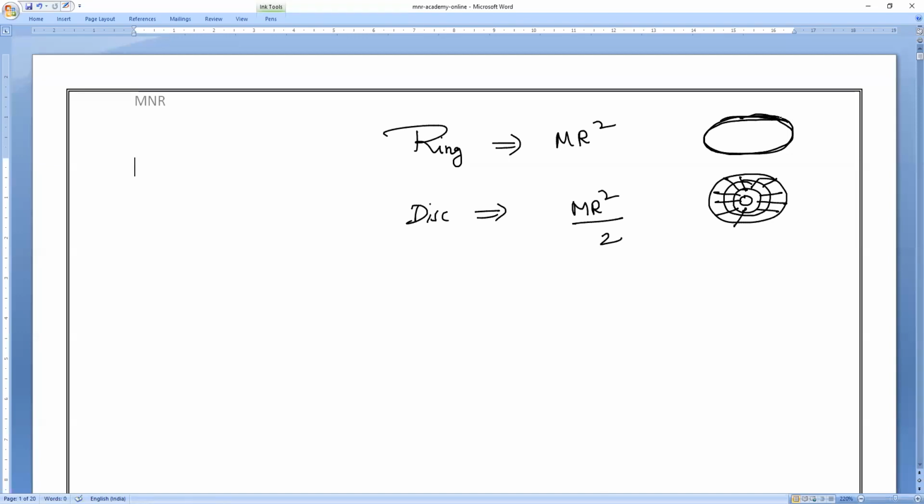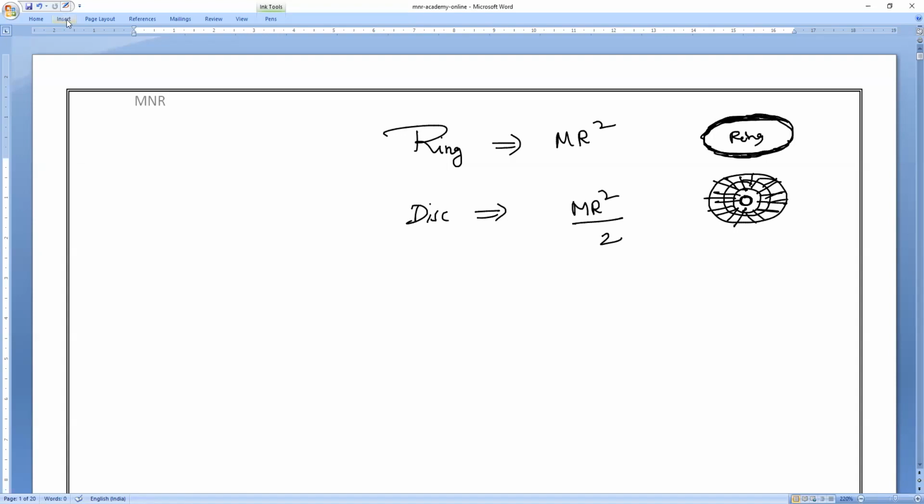So the entire mass is located only at the surface, and that is what we call a ring. But a disk means every part has mass distributed, only the middle may have some hollow space. So with the help of this, we are going to solve one numerical and then we'll proceed.